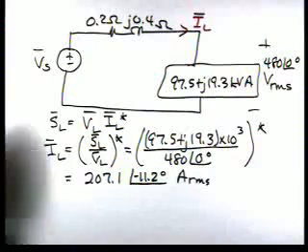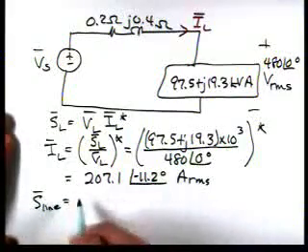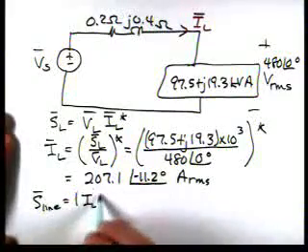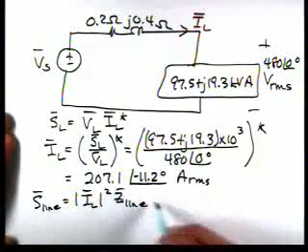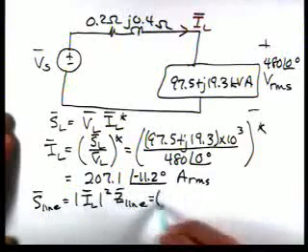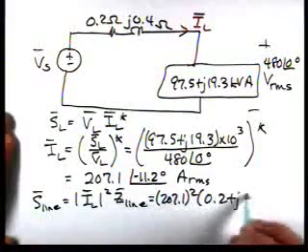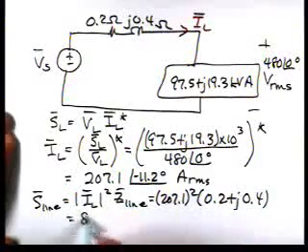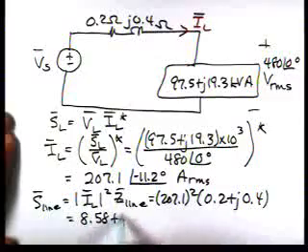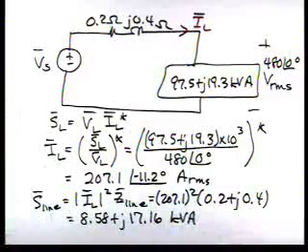Now we can calculate S for the line. It's going to be the magnitude of IL squared times Z of the line. So we have 207.1 squared times 0.2 plus j 0.4, and that's 8.58 plus j 17.16 kVA.